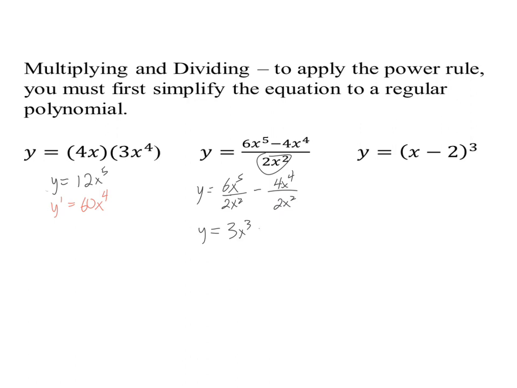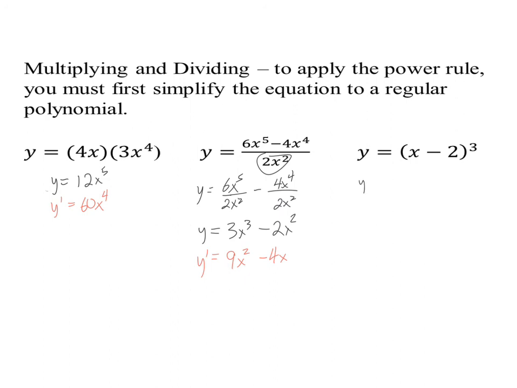Divide our numbers, subtract our powers. Now this is just a regular polynomial, so bring the 3 down. 9x squared would be the derivative of the first term. 4x would be the derivative of the second term. Okay, so that's it for that one.